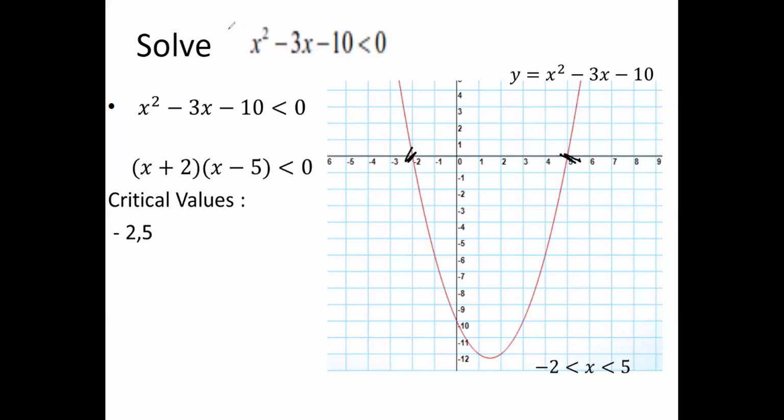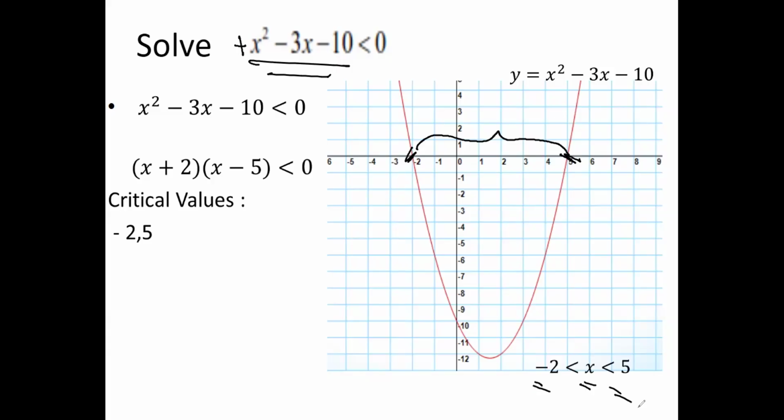So you know the graph cuts here and there. And I guess from high school, you know that when there's a positive value there, the graph is kind of U-shaped. And there are some people who can actually read off and say that, you know what? This function is less than 0 for these x values. Right? So that's why I have here x is between -2 and 5. Some people can do that. Some people can't.